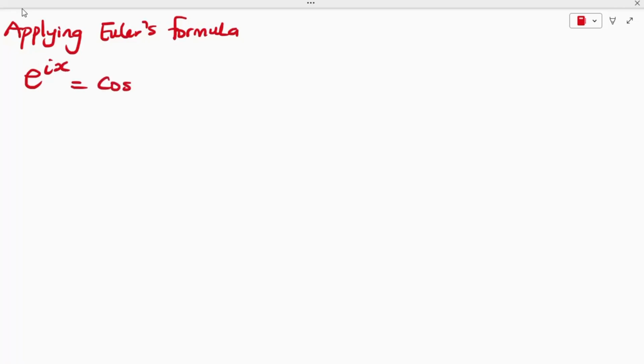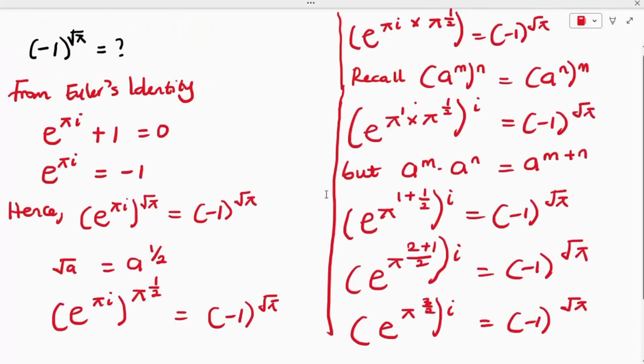So we're going to say, applying Euler's formula. Now Euler's formula states that e raised to the power of ix is equal to cos x plus i sine x. Recall that from the previous solution, we have that e raised to the power of pi times 3 over 2 i is equal to (-1) raised to the root of pi. So let's simply apply Euler's formula to this.